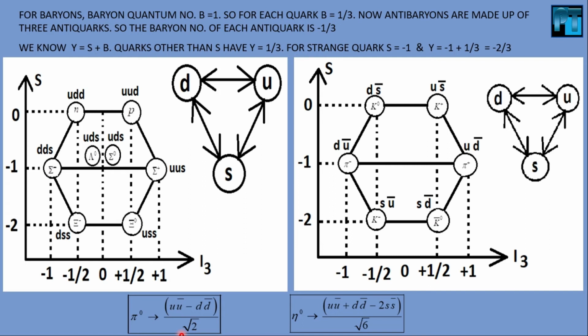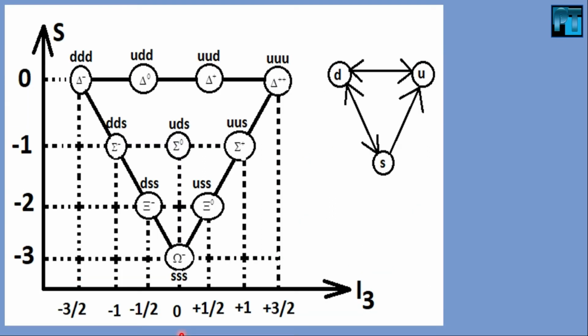Now let's see this picture. I know you can derive all the quark contents like I have told you before using this u d s scheme. Try to assimilate this at your home. If you find any problem, then let me know in the comment section.